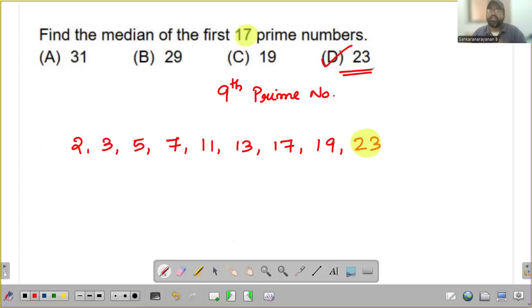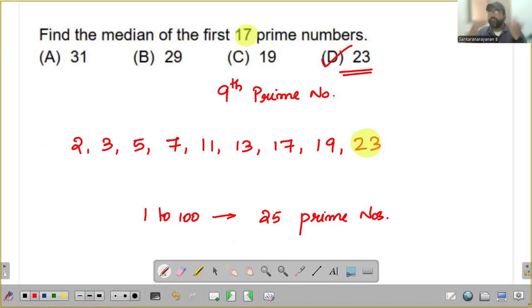Okay. So you must also be aware of the fact that from 1 to 100, there are altogether 25 prime numbers. So now you can even expect a question like this.